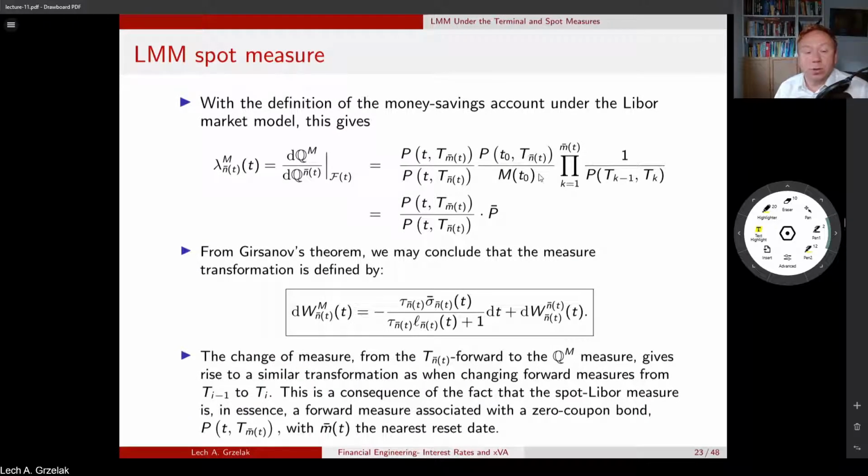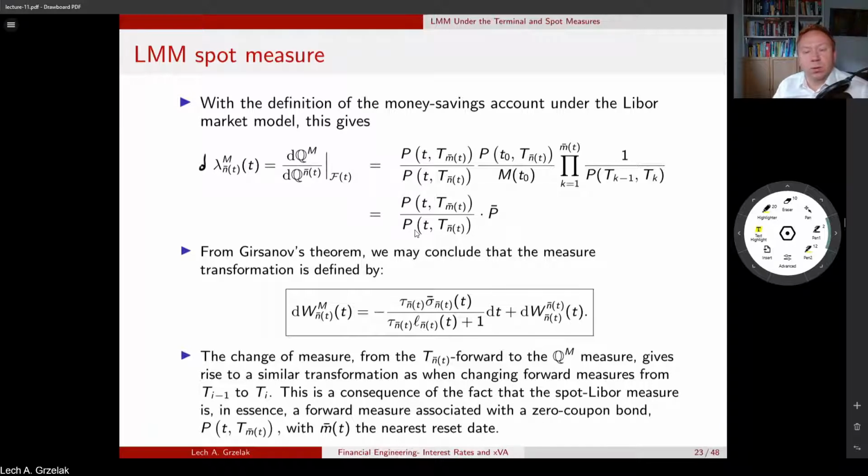So after substituting the definition for our money savings account, for our spot Libor, this is just a substitution of what we have derived for the Libors. And if we apply the Ito's lemma to get this dynamics, we end up with an expression for the measure transformation.